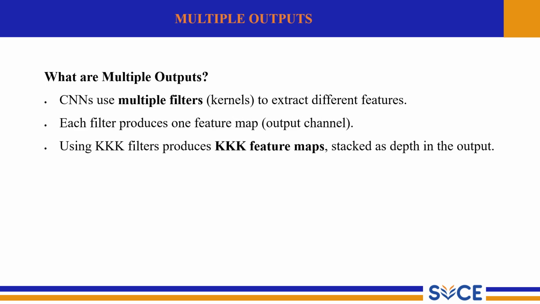Multiple outputs. Multiple outputs in convolutional neural networks. A CNN uses multiple filters, also called kernels, in each convolutional layer to extract a variety of features from the input. Each filter produces one 2D feature map, which can be thought of as a single output channel.